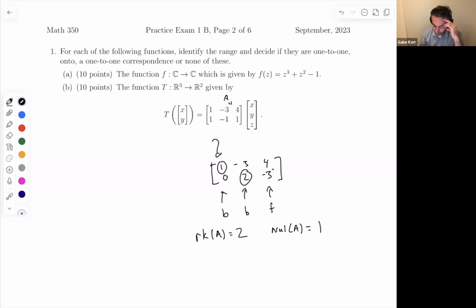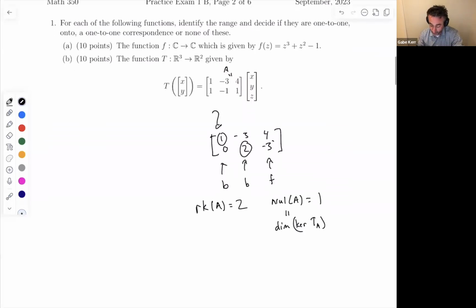The definition of nullity for a matrix is exactly the dimension of the kernel of multiplying by that matrix. Meaning that the kernel is a line in this case. The kernel is a line, which means it's not 0. And if it's not 0, this is not one-to-one. If the kernel is non-trivial, we have a function that is not one-to-one.